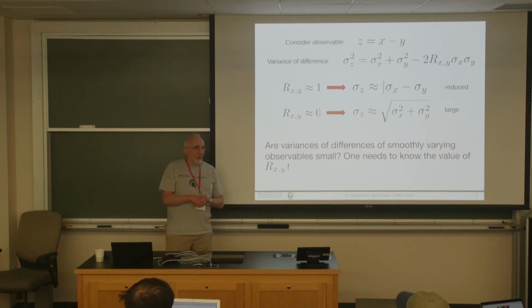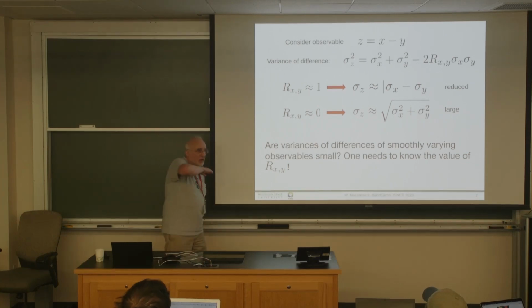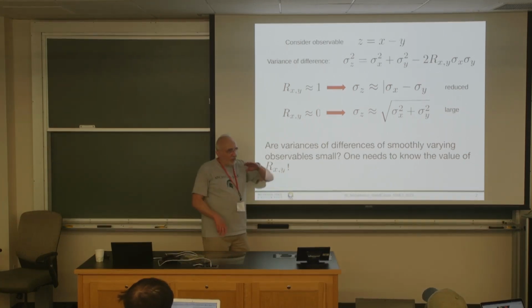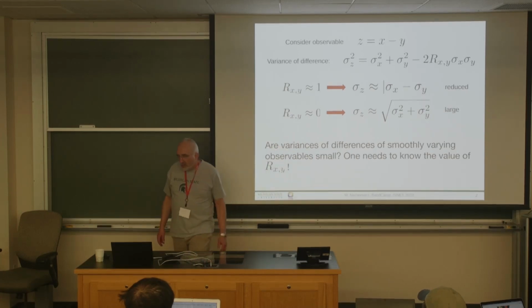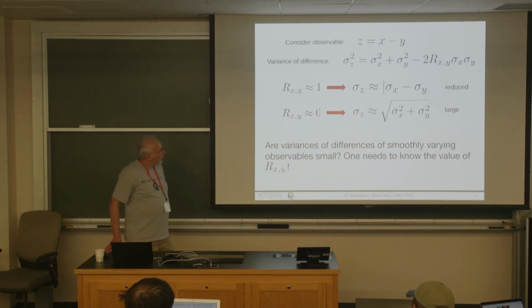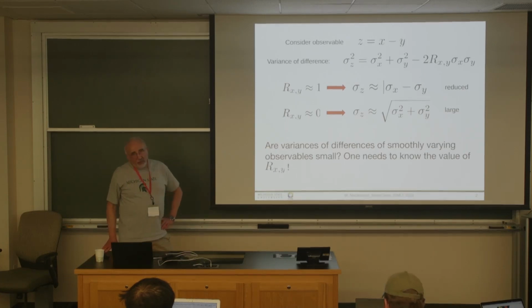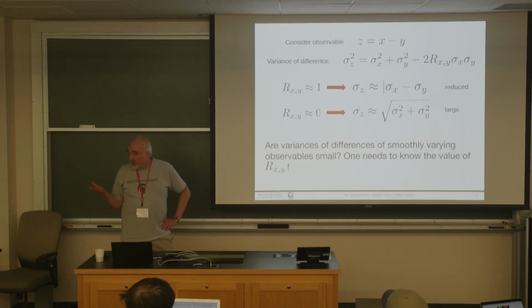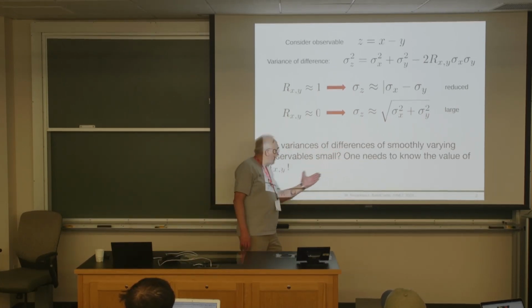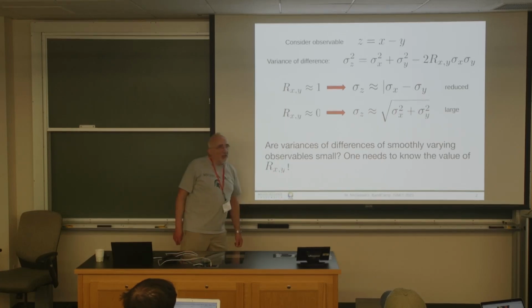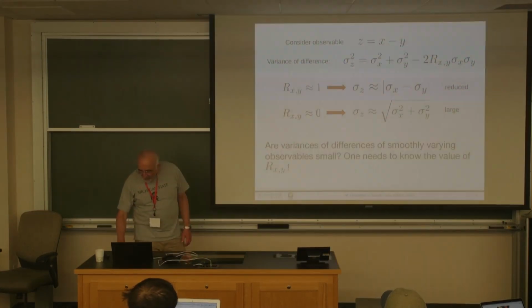So consider a nuclear mass which you plot like what Kyle did a moment ago as a function of neutron number or proton number. If the mass is changing very smoothly, the question is, what about errors on the mass differences, which we're after? We are interested in mass differences, right? Okay. Well, in order to assess this, one needs to know this correlation coefficient R.